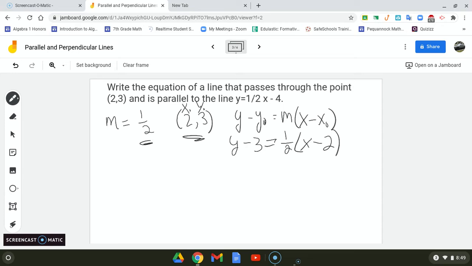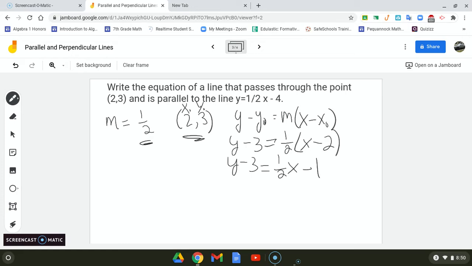Many times you're going to be asked to write that equation in slope-intercept form. So if you remember from when we did our conversions, this is a very easy one to convert into slope-intercept form. So the first thing we would do is we're going to distribute, not substitute. We already did that. So it's going to be y minus 3 is equal to 1/2 x minus 1.